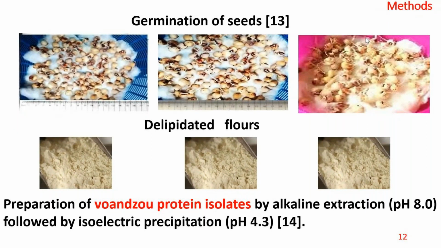After the different germination times, the seeds were transformed into flour, and the flour was delipidated. After delipidation, we proceeded to extraction of protein isolate by alkaline extraction at pH 8.0, followed by isoelectric precipitation at pH 4.3.